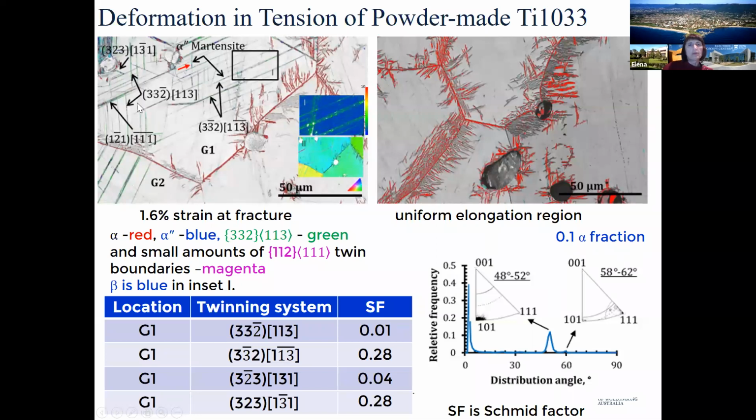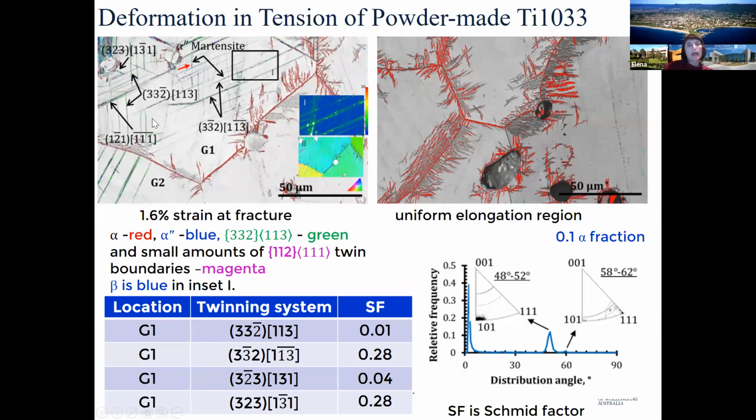There are probably only two points that I would like to make here. First, kernel average misorientation clearly shows that there are strains present around the twins formed, and this is why, as in the previous case, it was implied that this is where omega phase could be forming in these areas.